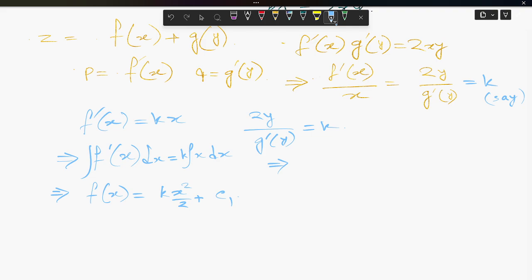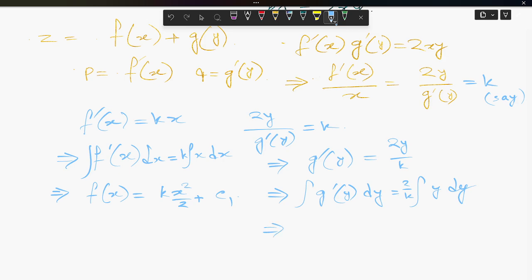From this we can write that g dash y will be 2y upon k. We take the integration with respect to y on both sides, writing 2 by k outside, so we get y dy in between.